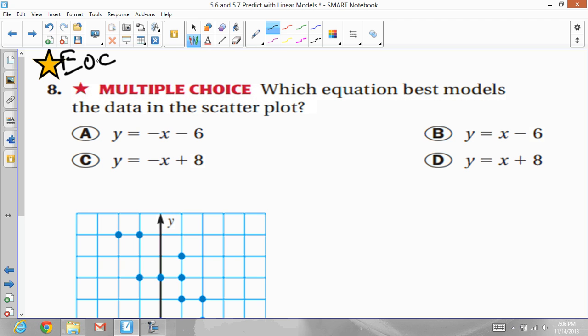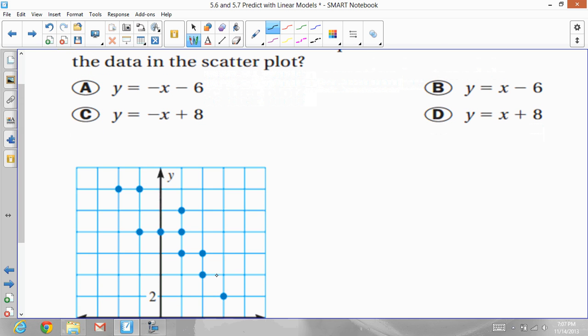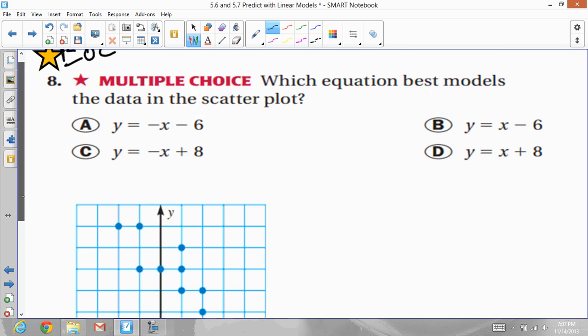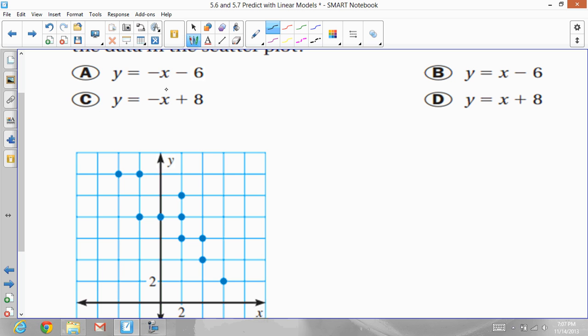Now question number 8. Mark that as an EOC question and make sure that you are writing this question down. Which equation best models the data in the scatter plot? The scatter plot is a graph where you have the majority of points and they are not connected together, they're just giving you a bunch of points. So to find the equation, which is what they are asking you, my advice to you is to catch the majority of points in a line.